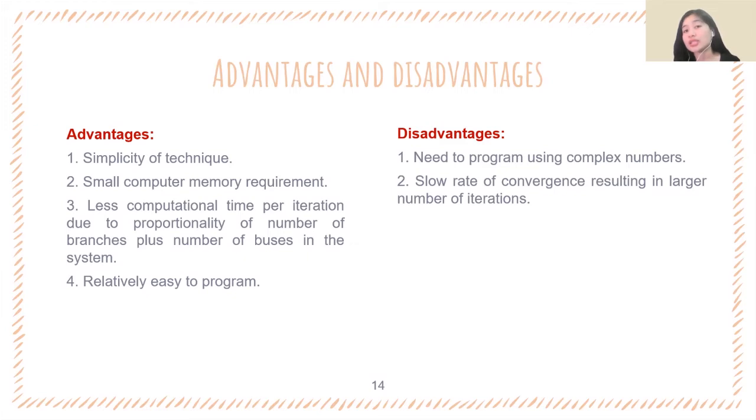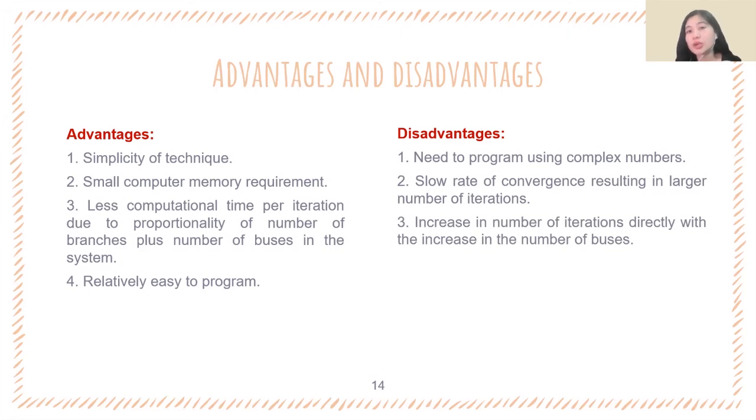There are too many iterations to process because we are using a simpler technique. That is the reason why we are dealing with a slow rate of convergence, or in layman's terms, mabagal tayong makarating dun sa output, sa answer, or sa result na kailangan natin in the program.